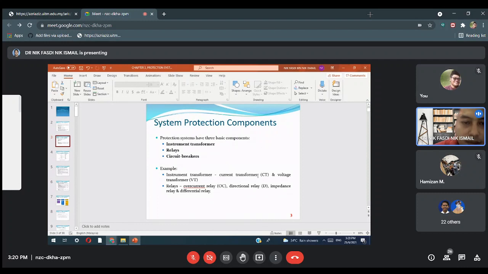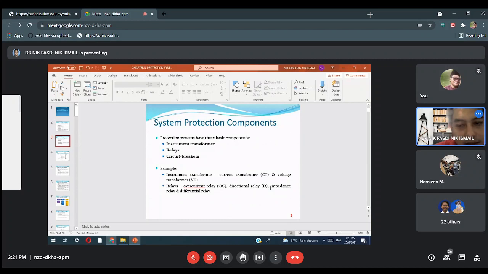For relays, these are the types: overcurrent relays, which sense the overcurrent, and directional relays, which, if you still remember, operate based on the forward direction. Then we studied the impedance relay.